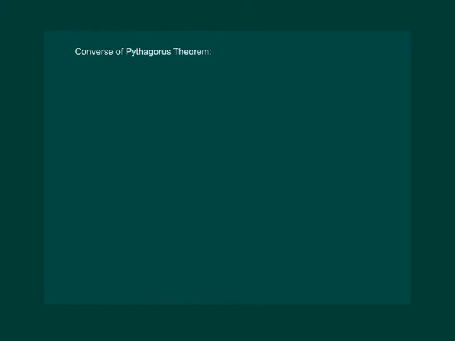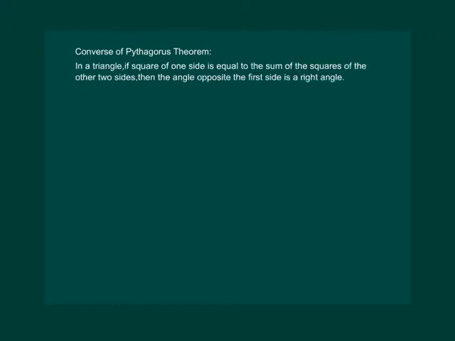Now what about the converse of Pythagoras theorem? We have already verified in the earlier classes that this is also true. We now prove it in the form of a theorem, according to which in a triangle, if the square of one side is equal to the sum of the squares of the other two sides, then the angle opposite the first side is a right angle.